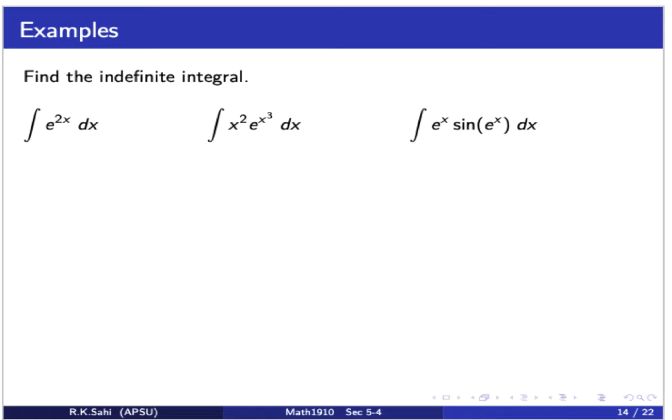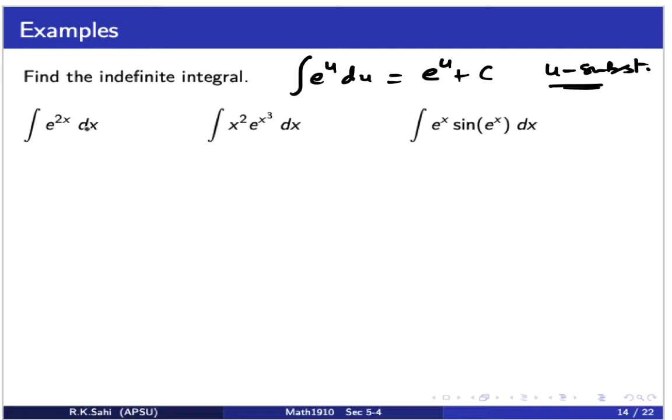Now, notice you have e to the power 2x. What we know is that if we have e to the power u du, it will be e to the power u plus c, but this is where you are going to use the u substitution.